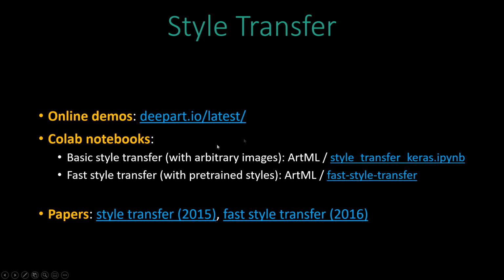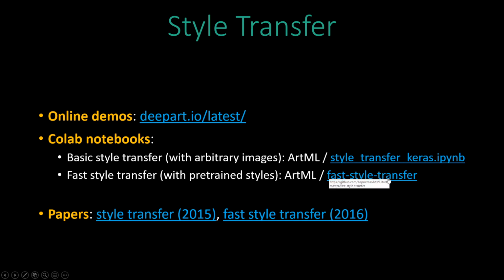The basic version of style transfer, where we start with two images and slowly change the generated image to correspond to the style of one image and to the content of the other image, is represented here. And the faster method, which can do style transfer in real time, is here.